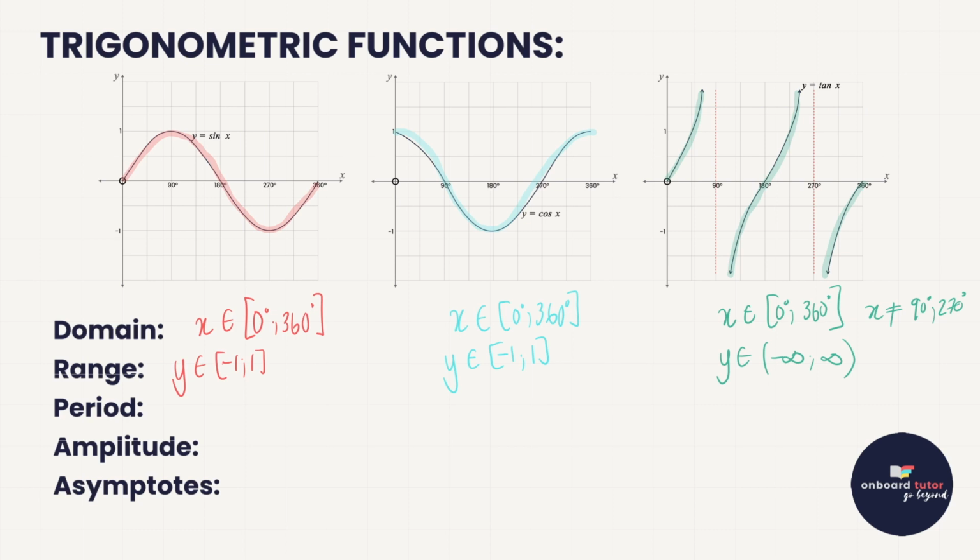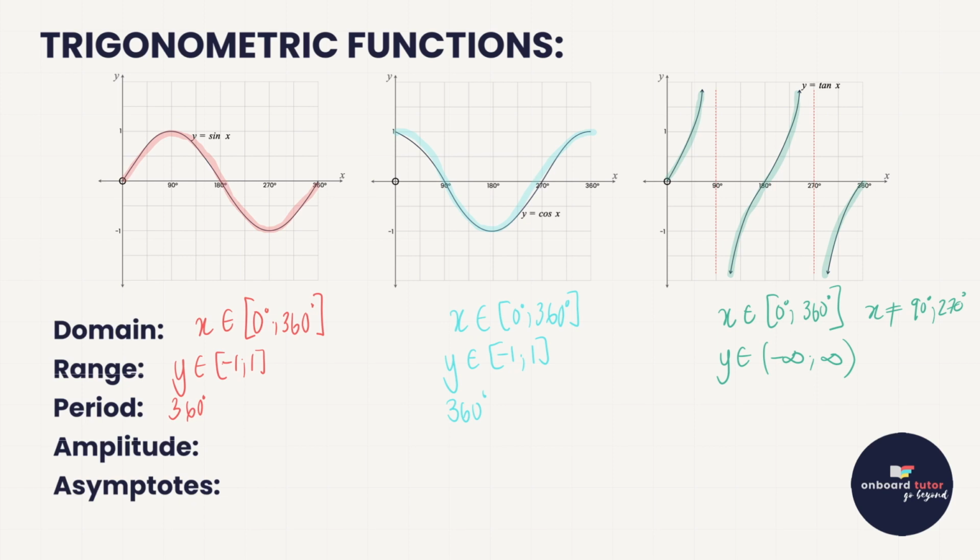All right, now period, that's a new word for us. That's the time it takes for one full wave to complete itself. Basically if I followed the sine graph, by the time we got to 360, it would be heading in exactly the same way it was when we were at 0, so then it would go up again. So the period of a sine graph is 360 degrees. A cos graph also takes 360 degrees to complete, and a tan graph is a little bit different.